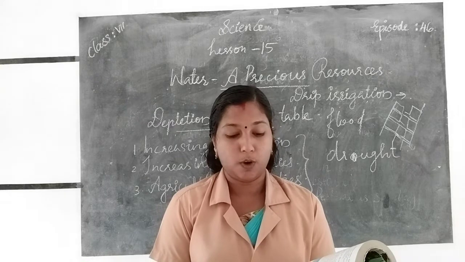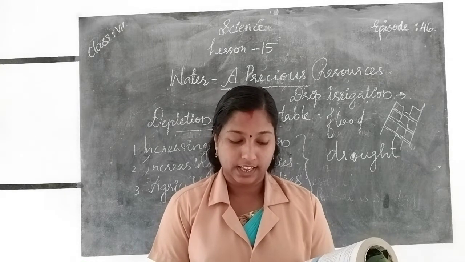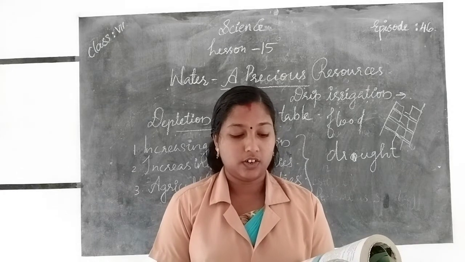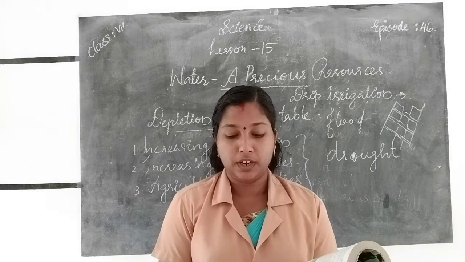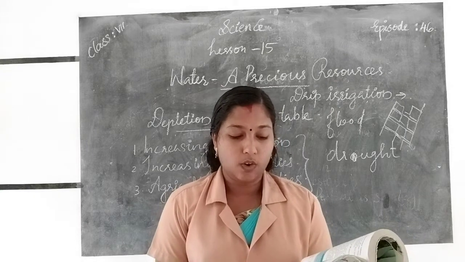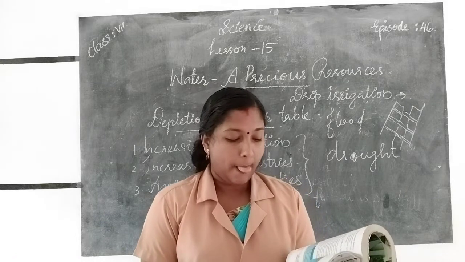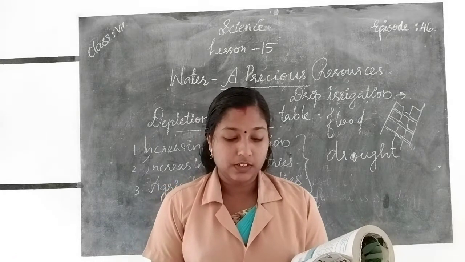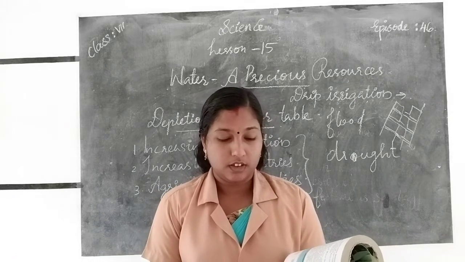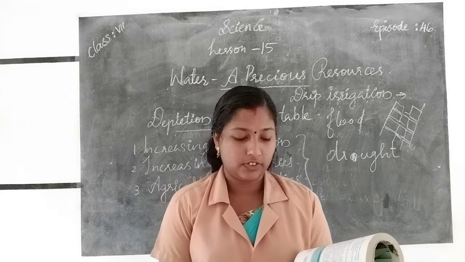False. Water shortage is a problem faced by people living anywhere. Water from rivers is the only source for irrigation in the field. False. Rain is the ultimate source of water.